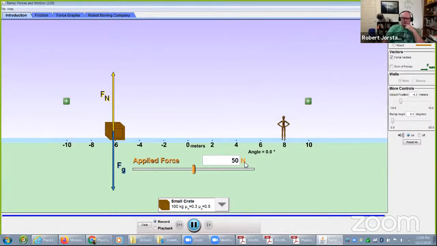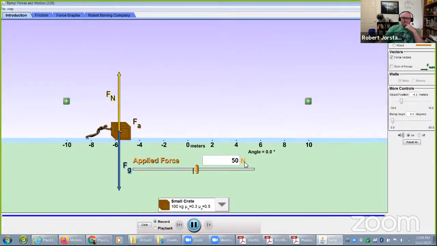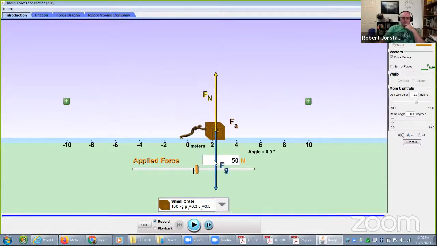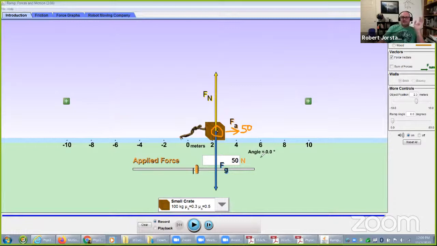Let's do 50 newtons. So when I hit enter, I'm going to pause this for a second. The idea here is maybe you can see this, maybe you can't, but right here, there's a small arrow to the right that represents 50 newtons, okay? Now, in this case, this is the classic problem where friction is negligible, right? So maybe this zombie has spikes on his shoes, so the zombie can grip, but the box has no friction here, okay?